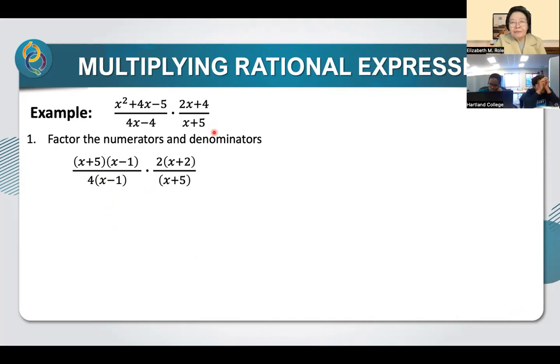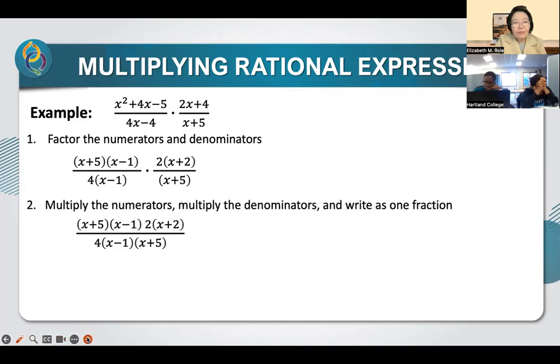Well, the book here, actually, you can just immediately do the simplifying by canceling out factors, but just following the rules that whenever we do multiplication, we multiply the numerators, multiply the denominators, and write as one fraction, so that we are now able to do canceling out.